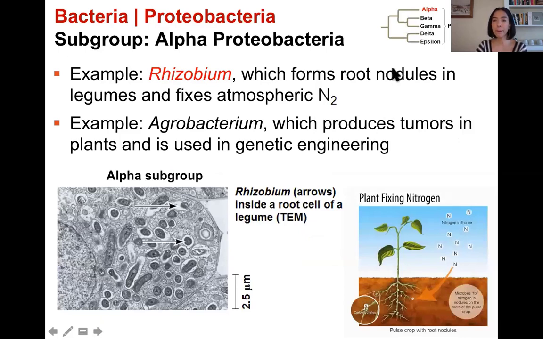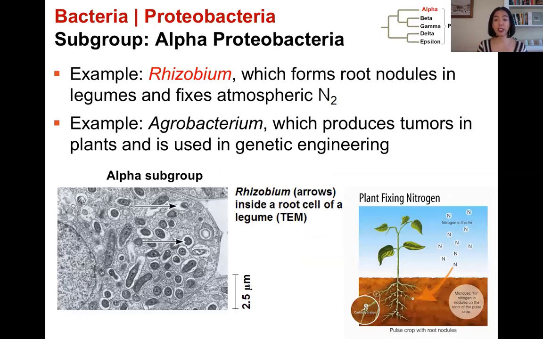So in here we have Rhizobium, and Rhizobium is very interesting and super cool with plants. It's a cool partner of plants because that bacteria can fix atmospheric nitrogen. And I think nitrogen is in the air, around 78% is nitrogen.